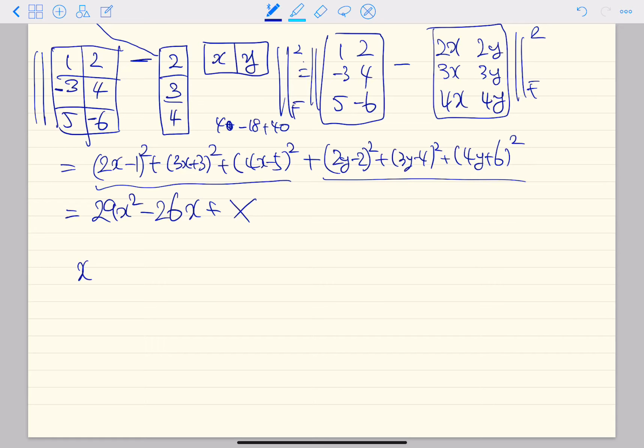So what's the optimal value of x? We simply apply the formula, 26 over 29 times 2, this one, right? So this is our optimal value of x, and we can also obtain y.